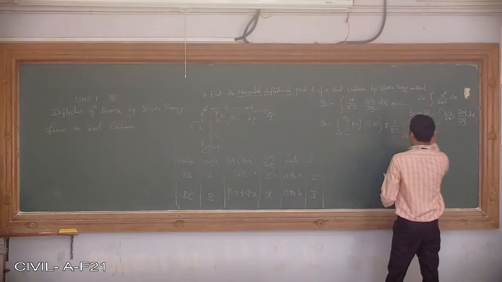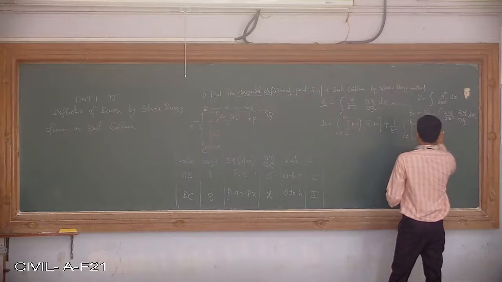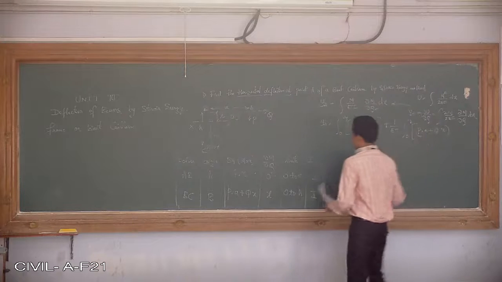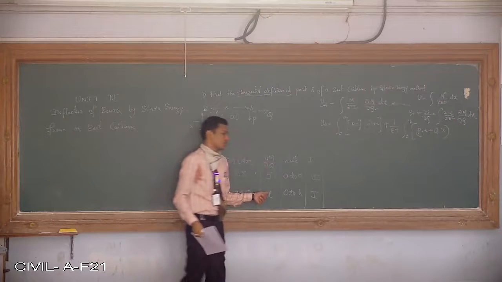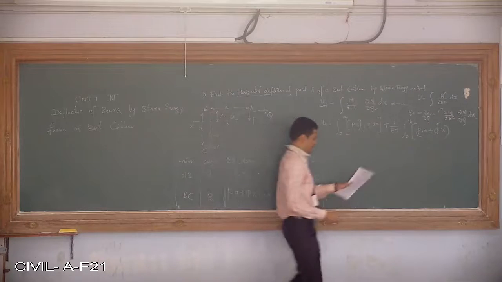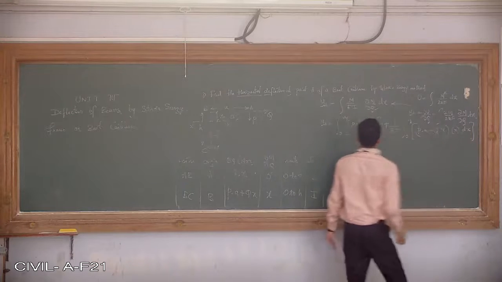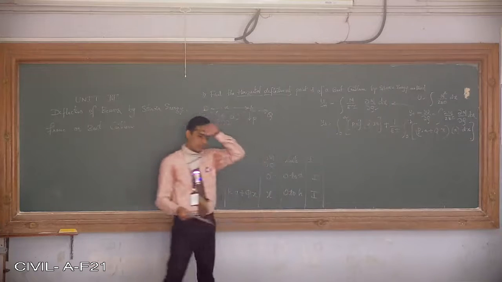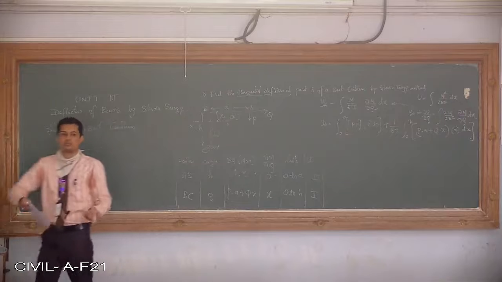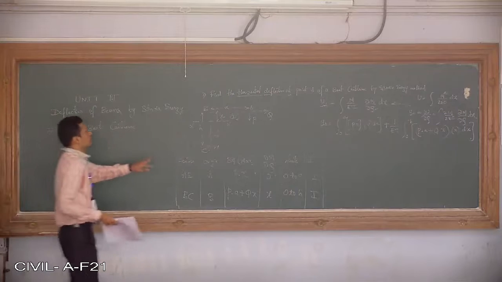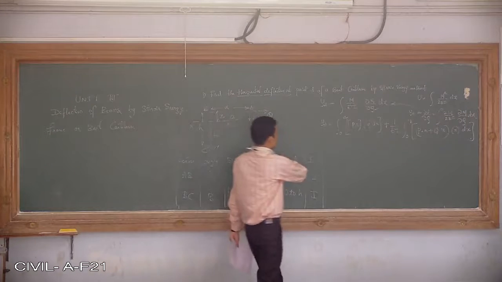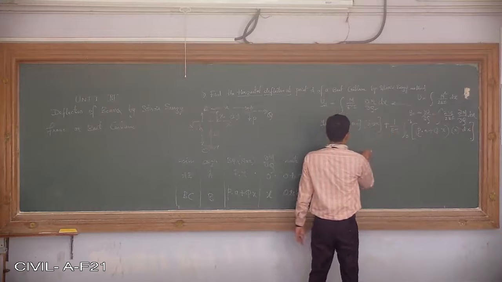Then the derivative with respect to Q is X. So you have X here into dx. So for the first term you have derivative 0, and anything into 0 is 0. So no need of solving the first term. Everything is 0.